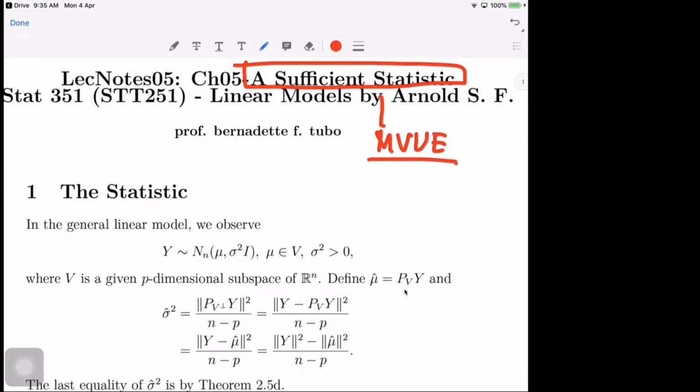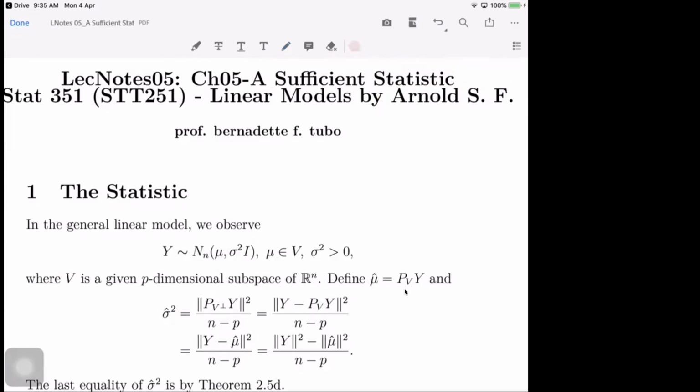You are still in inference now, right? Yes, ma'am. So this is an intersection with inference. Along the way, let me just have an overview of a sufficient statistic and minimum variance unbiased estimation. Anyway, this is relating to the linear model.